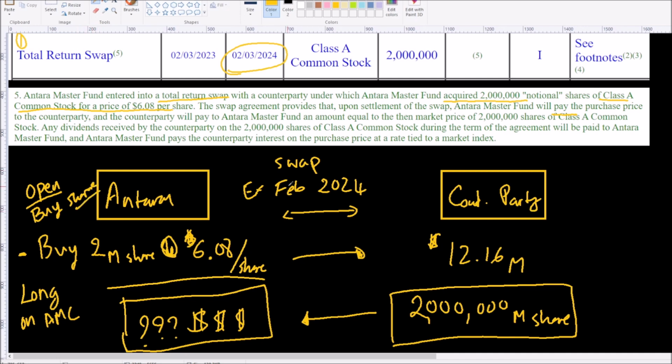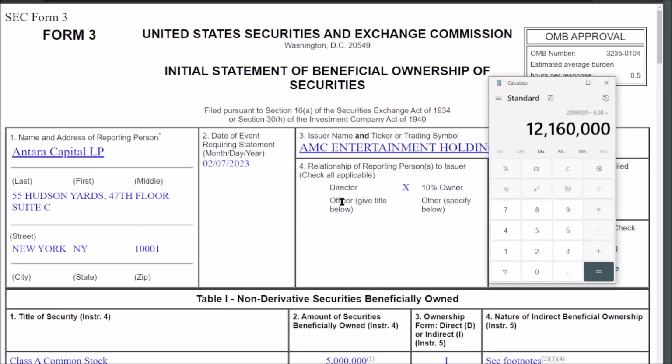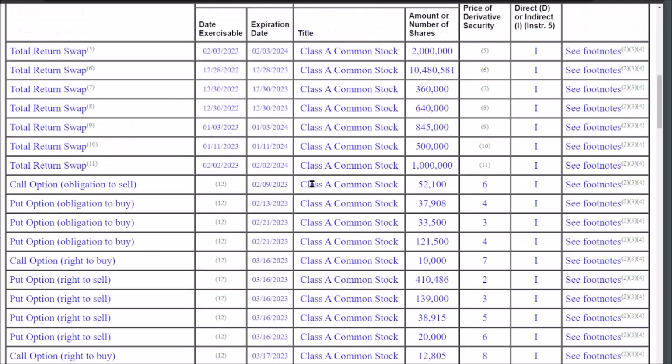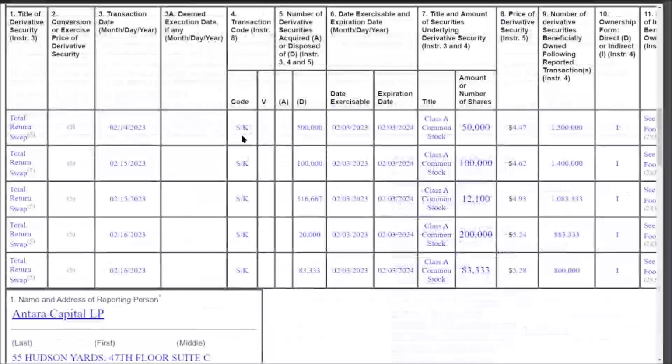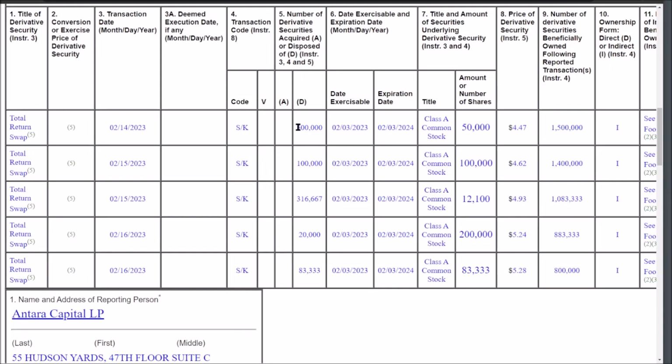Now, later on though, what did Antara Capital do? So if you go to the first one right here, the second step, I'll show you right here. Sorry about the background noise. As you can see right here, there are so many transactions afterwards, right? And if you look at this right here, this is the number of derivative beneficiary owned, followed by the report.